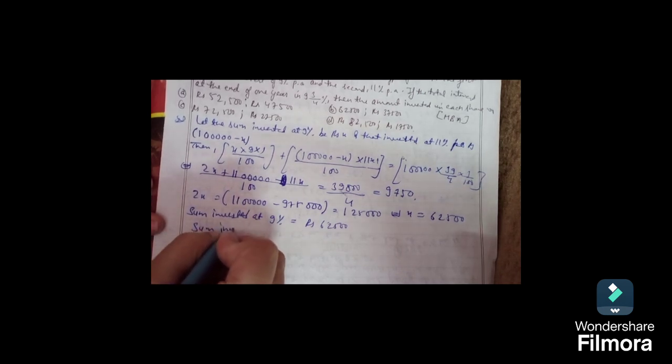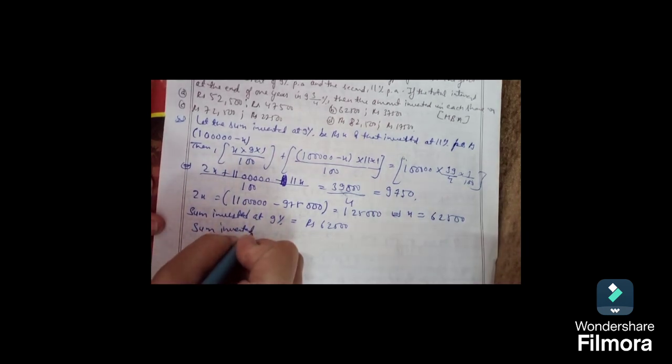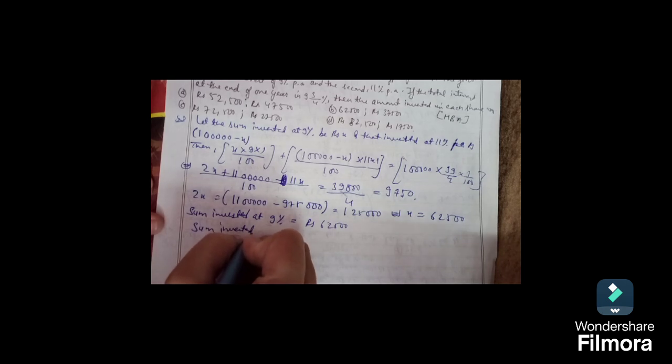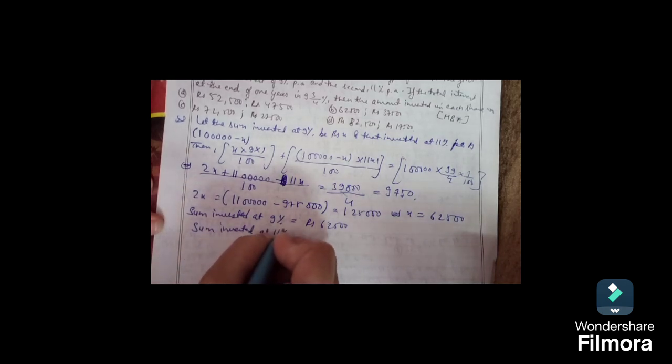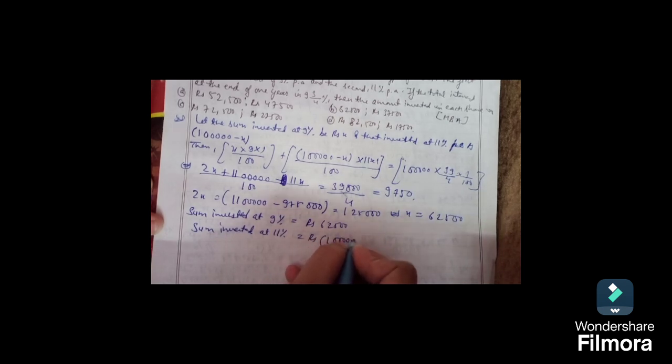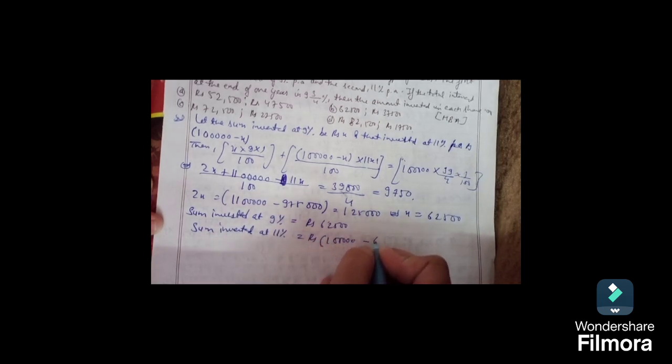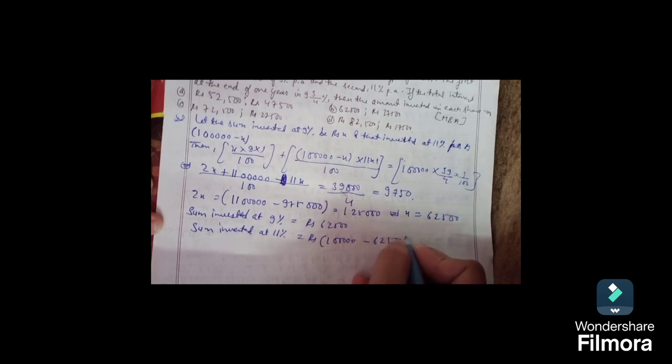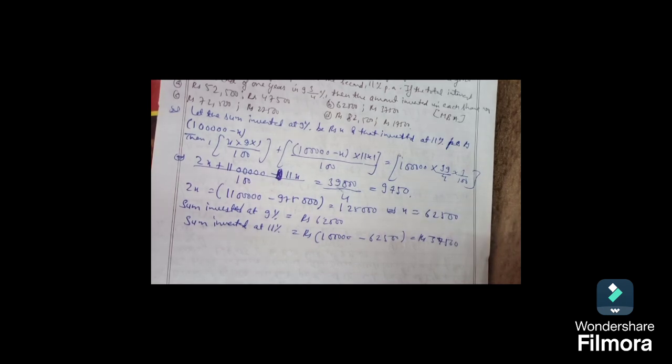Sum invested at 11%, rupees 1 lakh minus 62,500, 37,500, that we have as an answer.